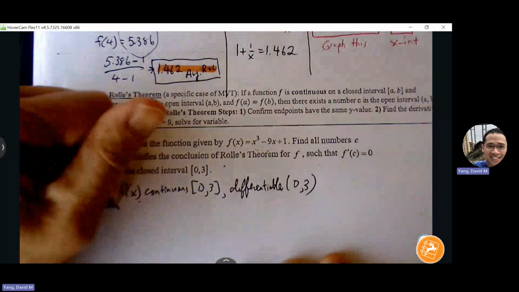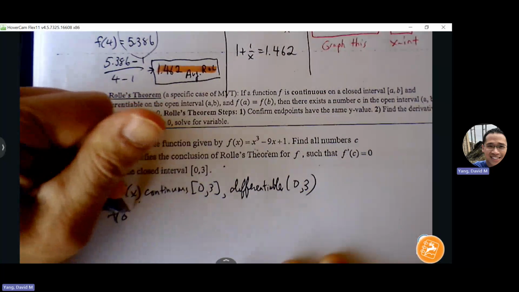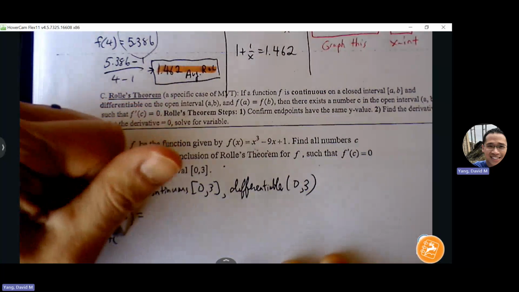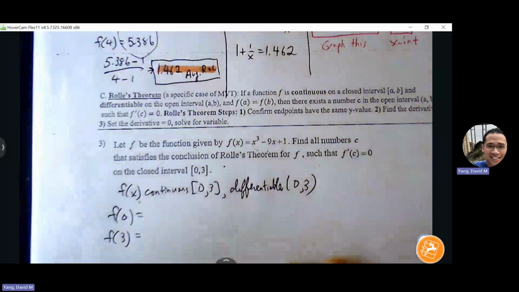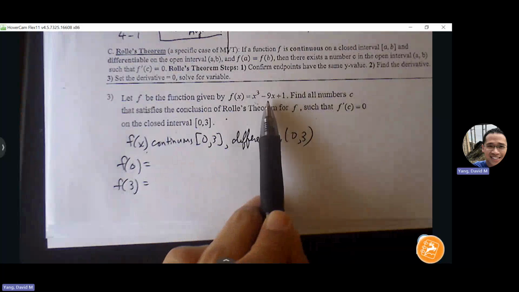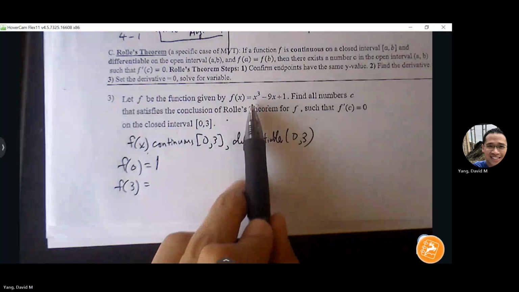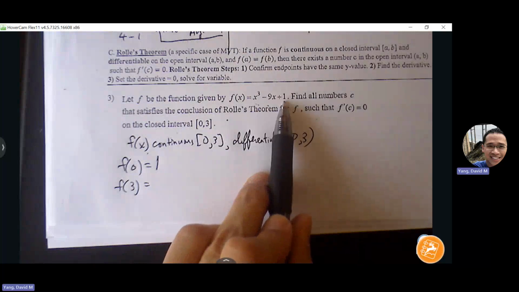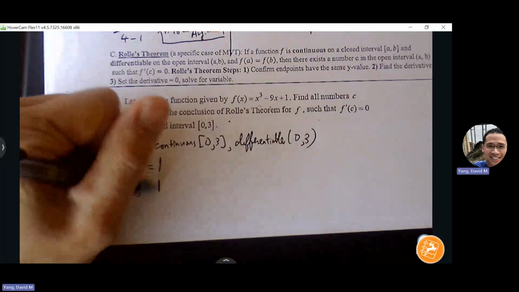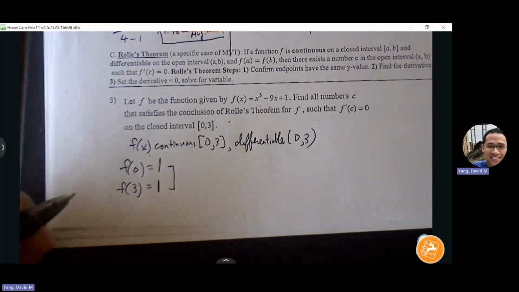Okay, and also we need to find the endpoints. So we'll plug f of 0 and f of 3 into the function and see if they actually give us the same y value. If I plug 0 in, what do we get? If I plug 3 in, 27 minus 27 plus 1, I still get 1. So these points are actually directly across from each other.